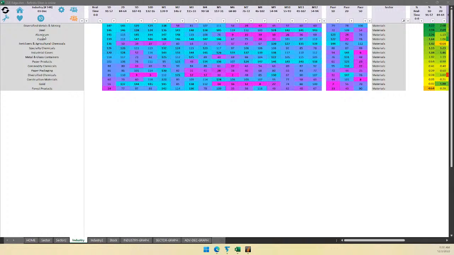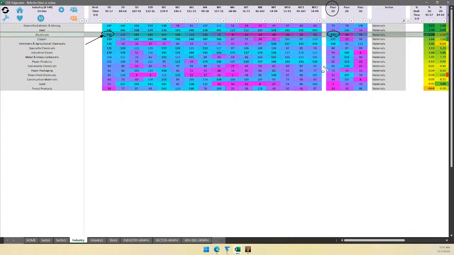When I look at it, and once you get used to it, you will find things very quickly. Aluminum is one where it is among the strongest, among the top 20% of all industries in terms of strength, and also among the top 20% in terms of acceleration.